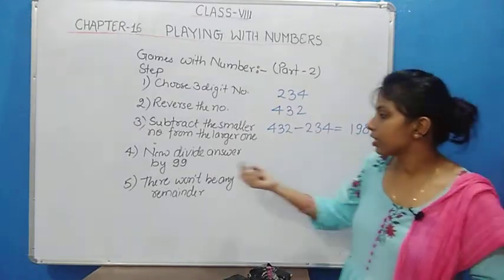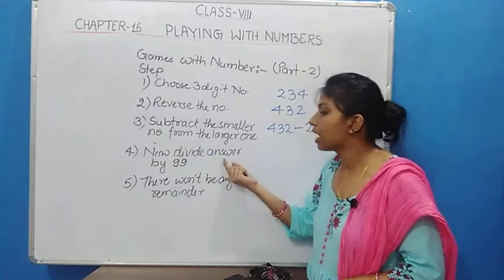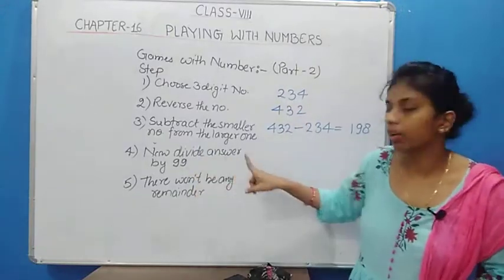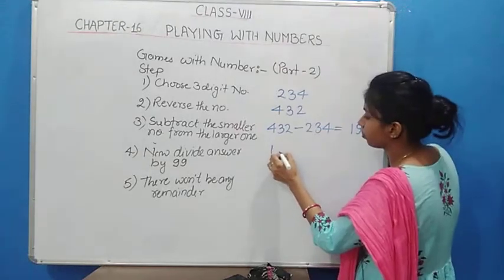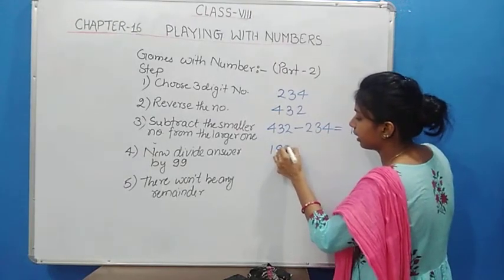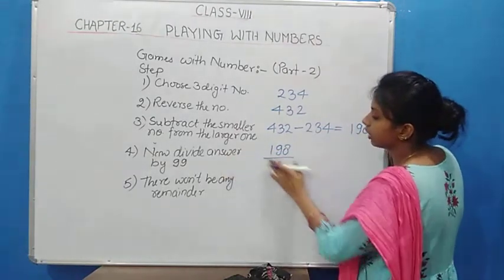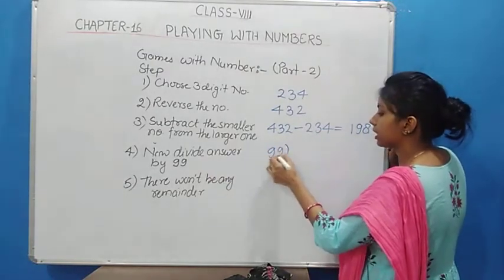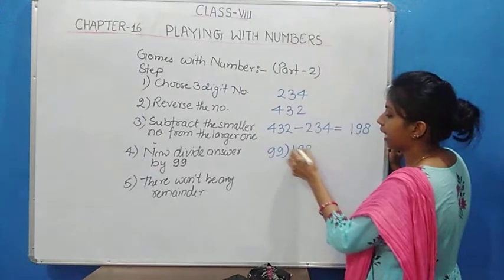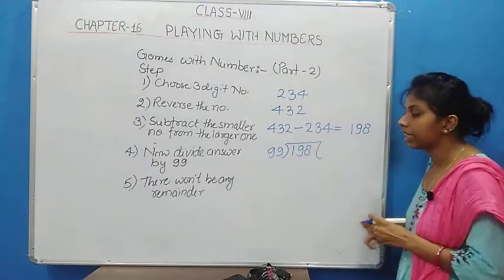Now it says that whatever the answer, we have to divide that number by 99. So here we have 198. We divide 198 by 99.